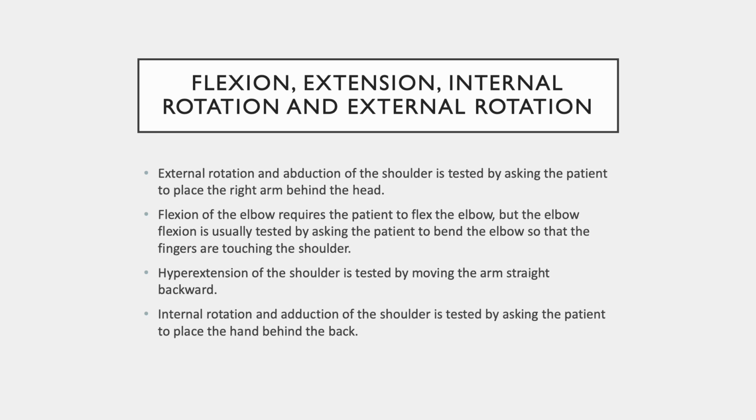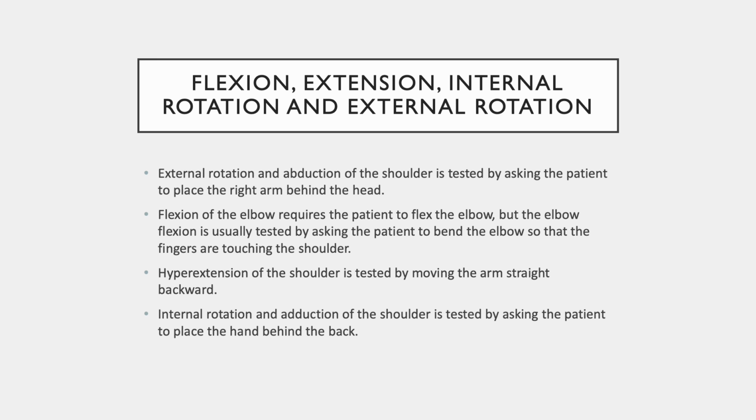Know that that is specific to that type of rotation and abduction of the shoulder, versus flexion of the elbow, which requires the patient to flex the elbow. But it's tested by asking the patient to bend the elbow so that the fingers are touching the shoulder. You're going to have the scenario where you're going to need to know what that movement means. Okay, so know what it means to do these 4 things and you should be good to go.